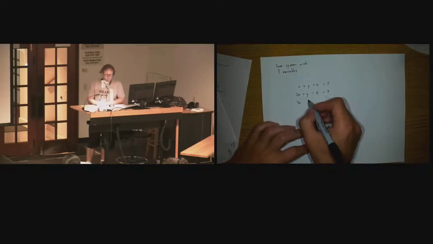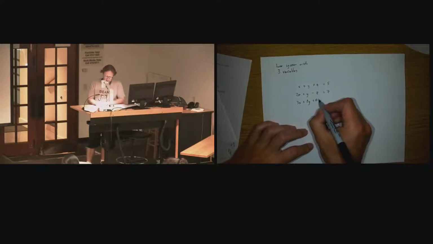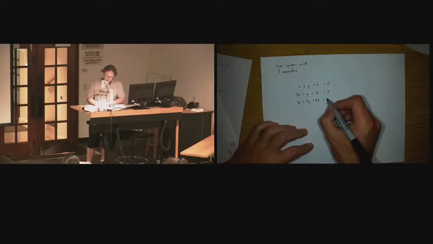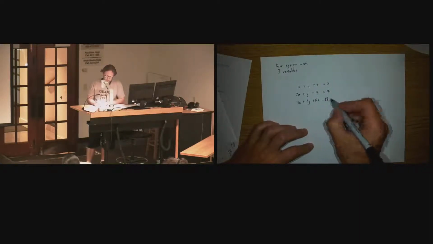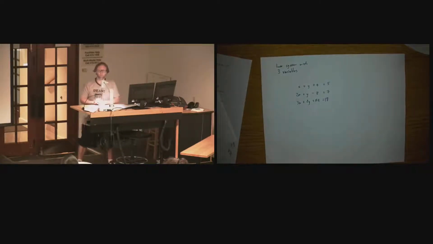Maybe we don't have a y. The coefficient here is 0 instead. Plus 10z is 17, right? I'm choosing prime so that it'll actually work out. What are you going to do now? 3 equations, 3 unknowns. What do you have to do?